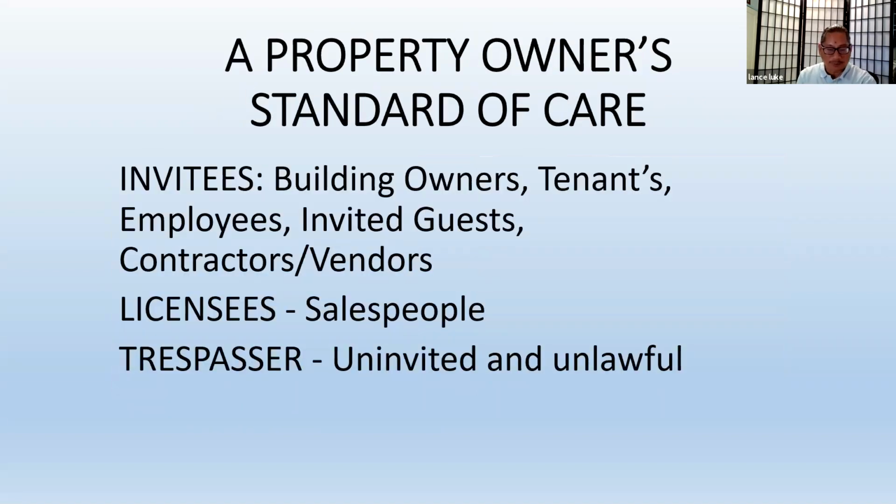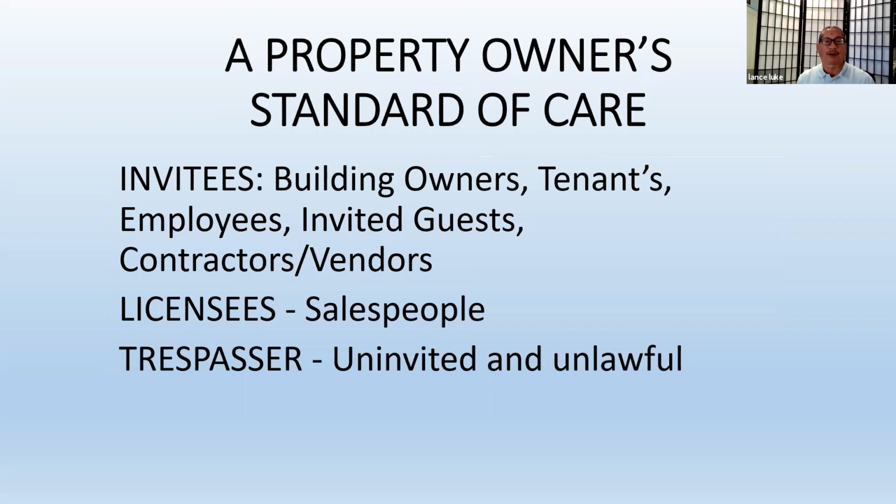Now, let's talk about property owners' standard of care. But before we get into that, there are certain categories of people. It's like a tiered system of liability. There are invitees, licensees, and trespassers.